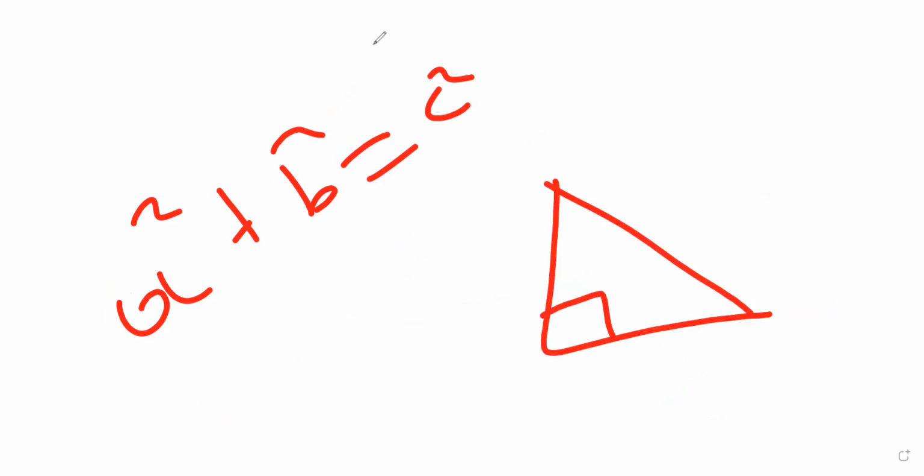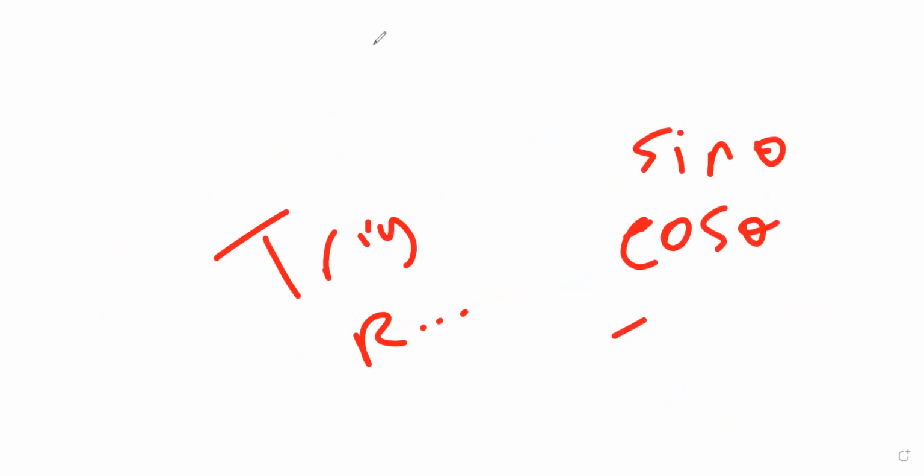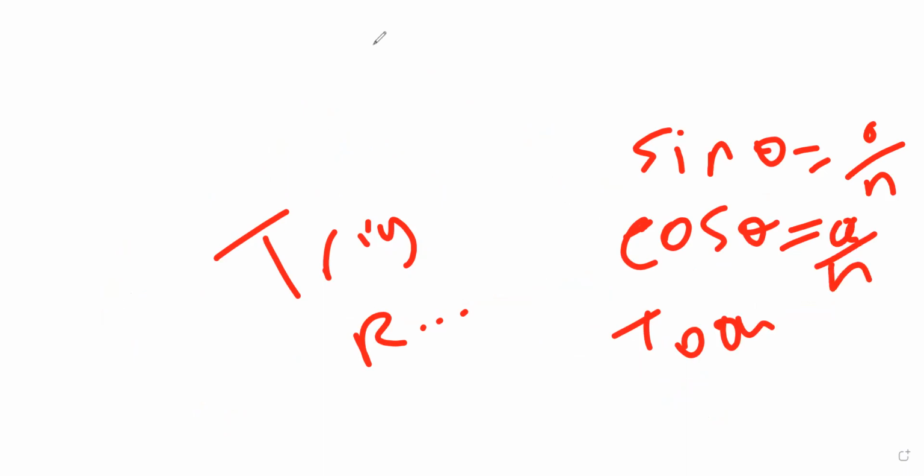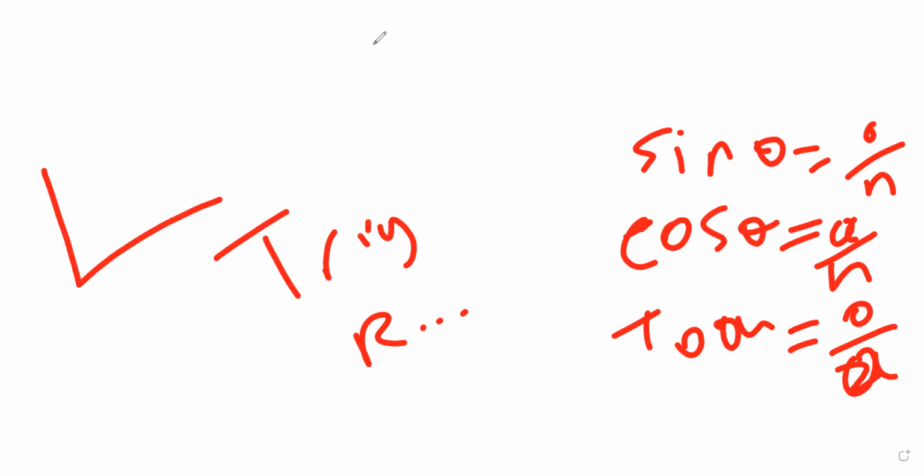But the trig ratios are used, which are sine theta, cos theta, tan theta. And you could put the associated sides that they normally work with there. These functions are used to solve triangles that have what we call a reference angle in them. So that's just the difference between the two.